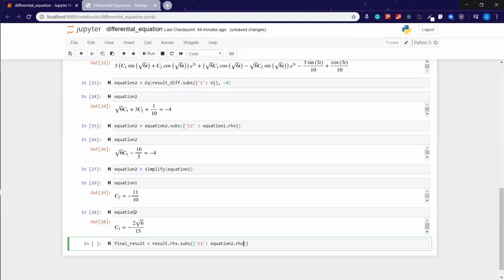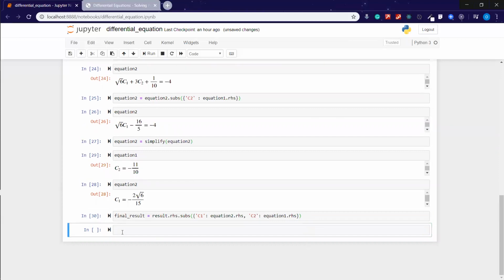That's what we have here, 2 root 6 divided by 15, negative of that. Then a value for our C2. So C2 has a value of equation 1 dot right-hand side. Okay, so let's run that. No error. And let's print out our final results.